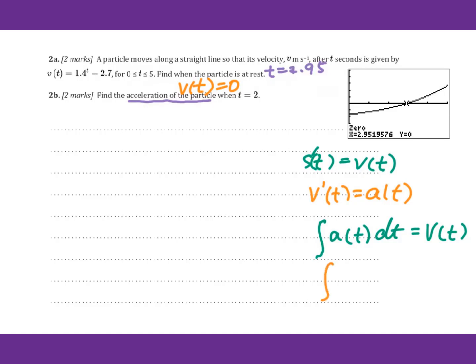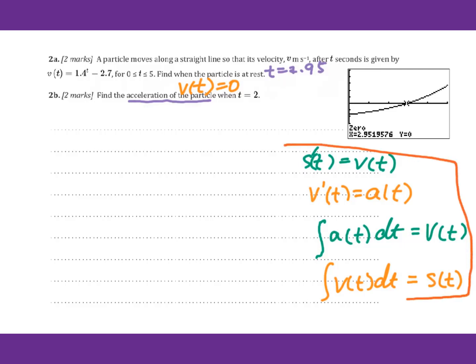For velocity, you do the integral, you will get displacement. Remember these 4 rules. Therefore, we just need to figure out v prime of 2.